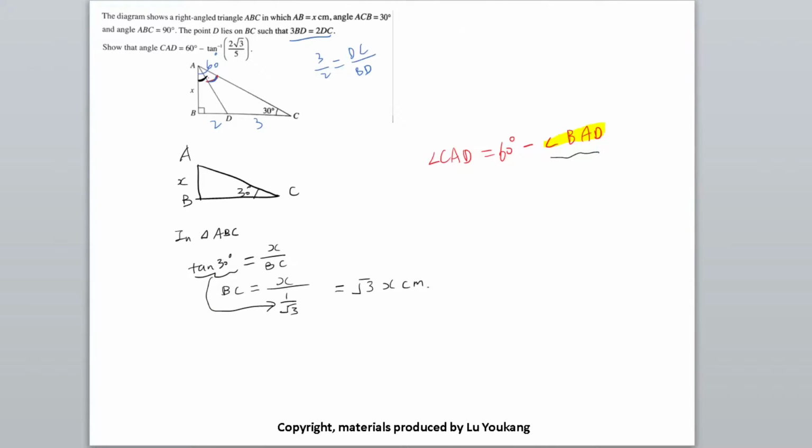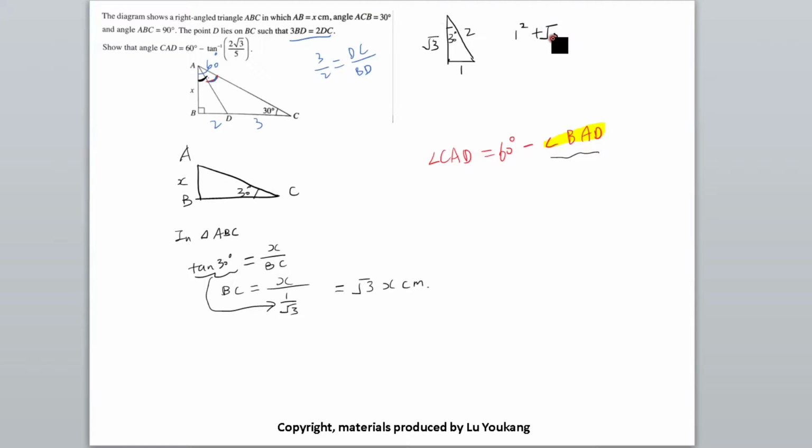So why does tangent 30 degrees equal 1 over square root 3? Okay, let me draw a right angle triangle with 30 degrees. And my base is 1, and the hypotenuse is 2. And therefore, because of Pythagoras theorem, you get your height equals square root 3.